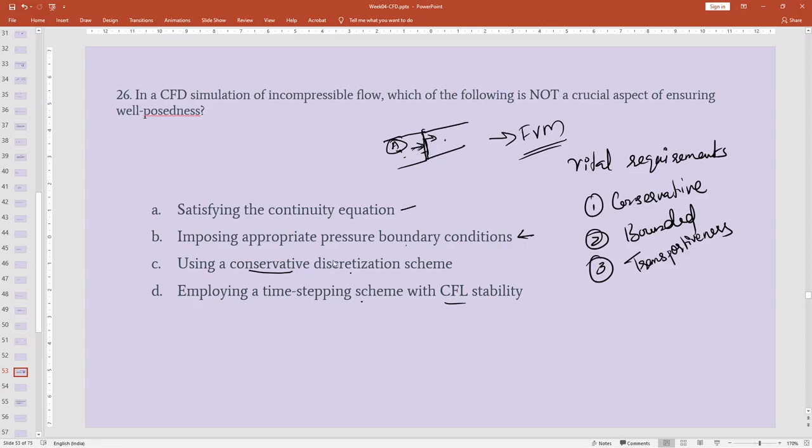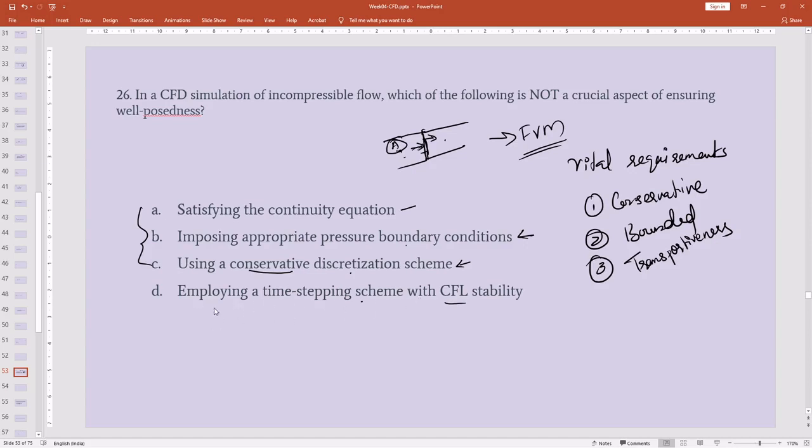Such schemes are known as conservative schemes. The conservative scheme is very much required to get any solution. All three are directly connected to the existence of a solution and a unique solution.